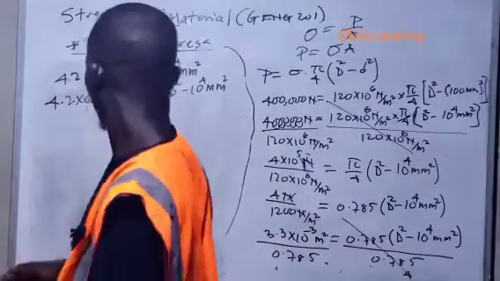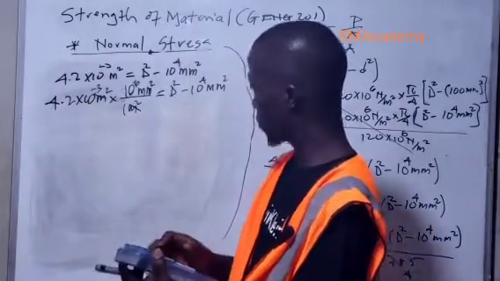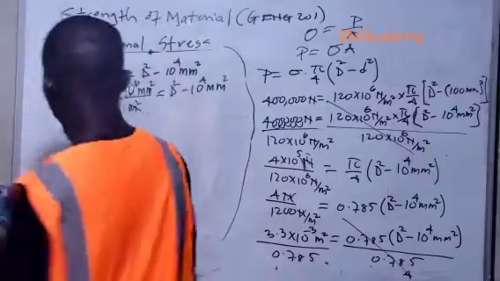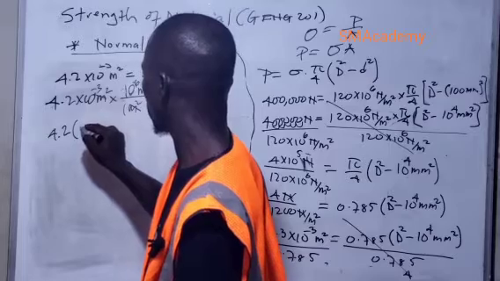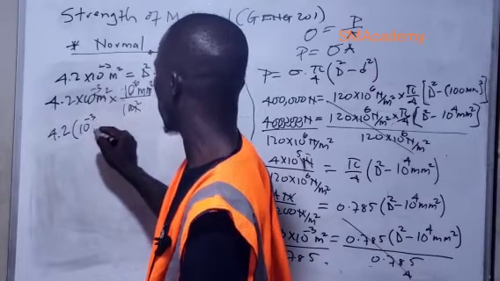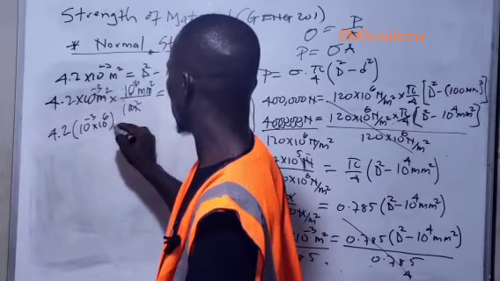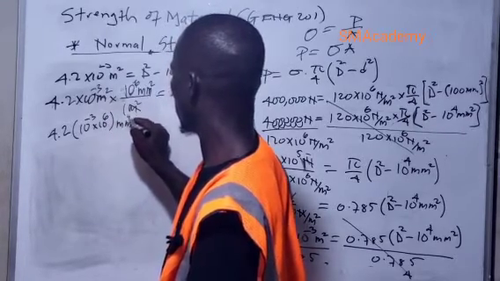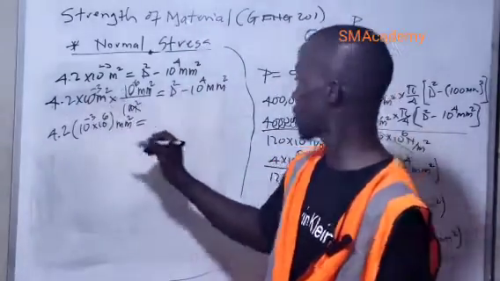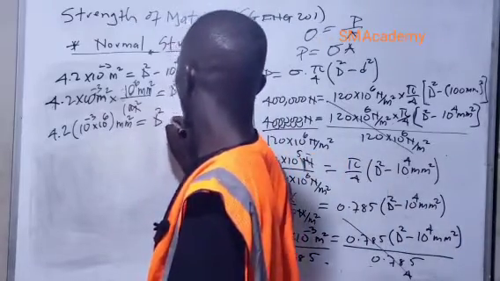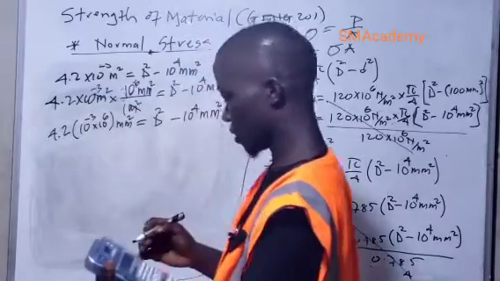So we have 4.2 parentheses open 10 raised to the minus 3 power times 10 raised to the 6 power, it closes, millimeter square, because 10 raised to the bases are the same.